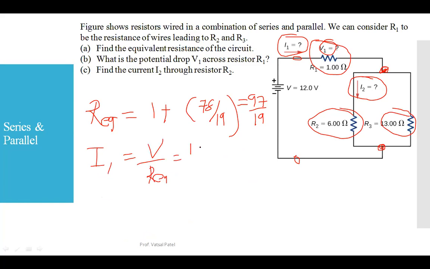So, sorry, it is 12 volt divided by 97 by 19. So it is 12 multiplied by 19 divided by 97. You can write the values in terms of the fraction also. That is not an issue. So it is around, can we say it is 2.35 ampere?